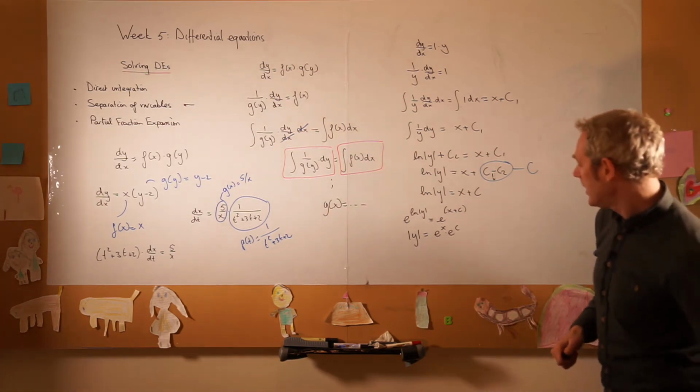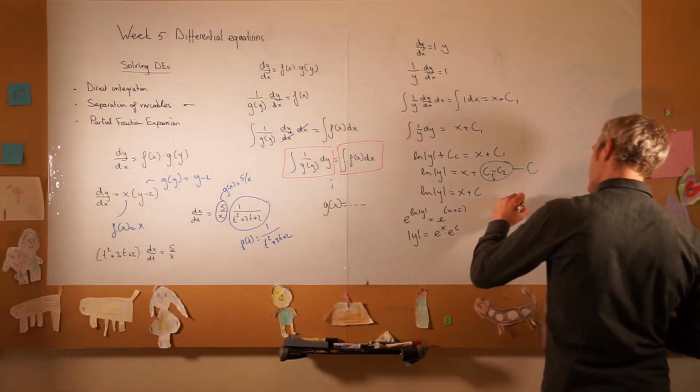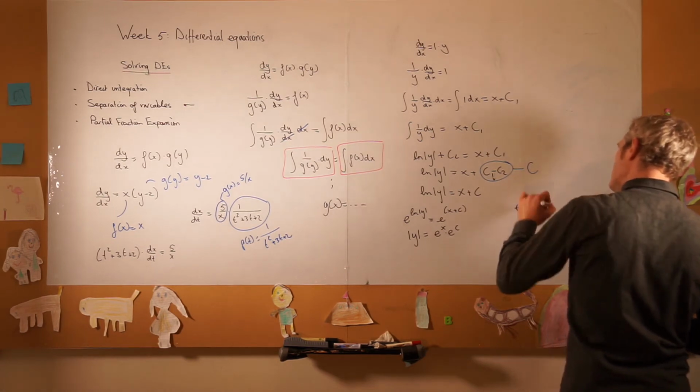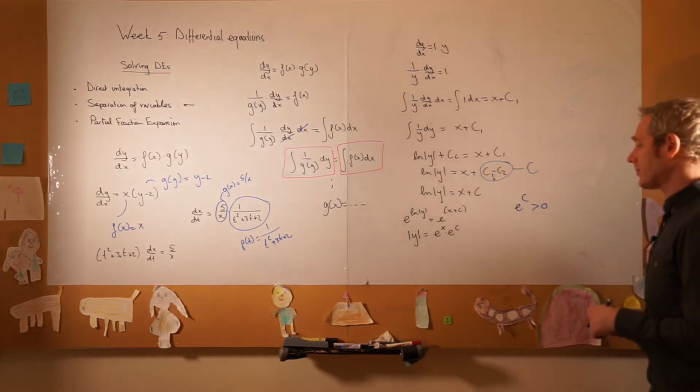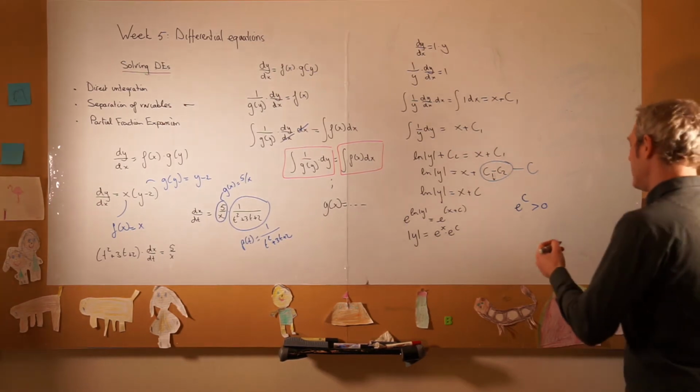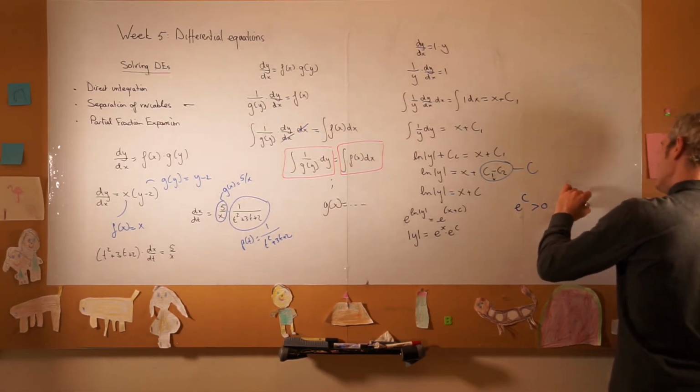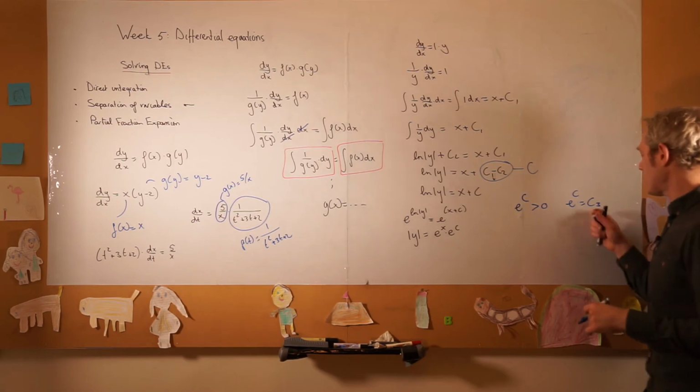Now, e to the power of c is always greater than 0. So let's call e to the power of c, I'll call that c3.